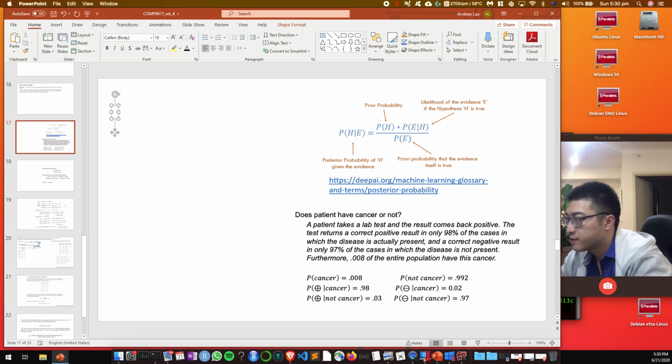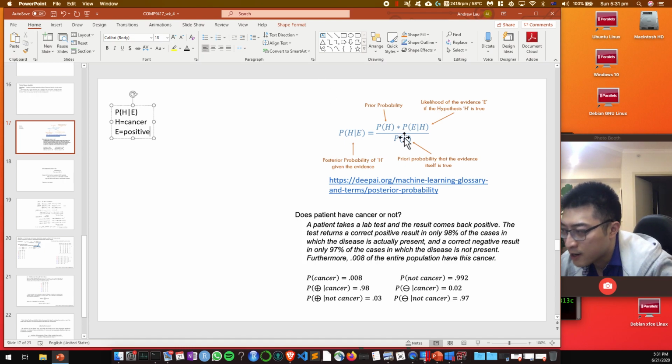Actually, I'll use this notation here: H given E. In this case, what we care about is the probability of cancer, and let's say E is equal to a positive test. In this example we've got some numbers.